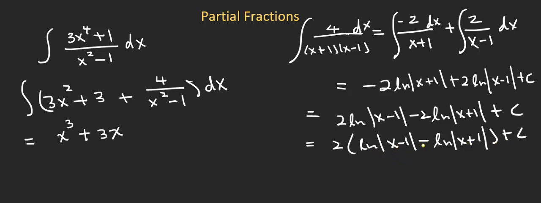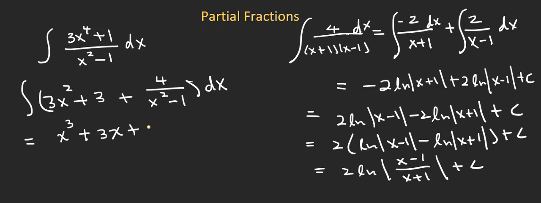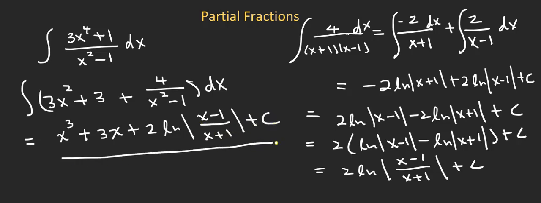Natural log of a minus natural log of b could be natural log of a over b. So all we need to do, in order to finish that up, is put plus 2 natural log of absolute value of x minus 1 over x plus 1, and then plus c. So that will be our final answer right there.